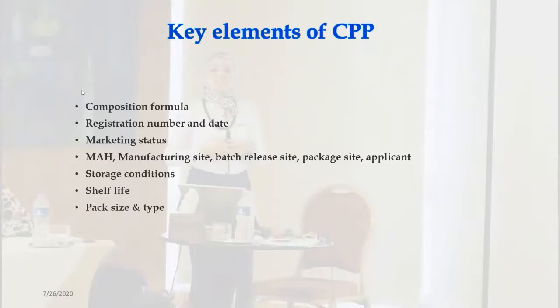The health authority will check these parameters and confirm them against the applied technical dossier, whether it is in CTD format, NeeS, or eCTD. So we have to check that these elements are in line with the technical information mentioned in Module 3 and other sections in Module 2 as well.